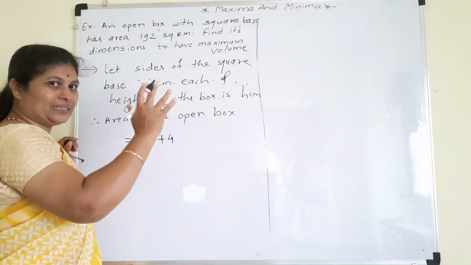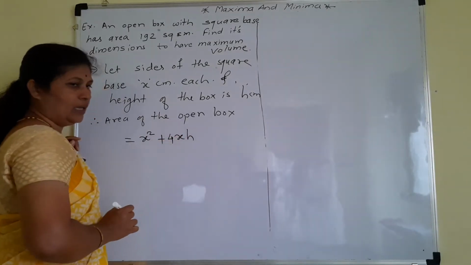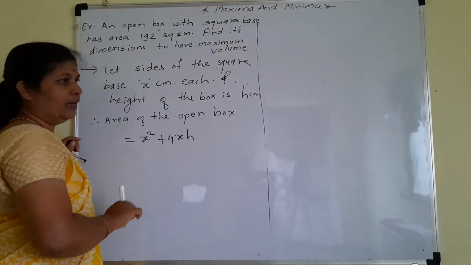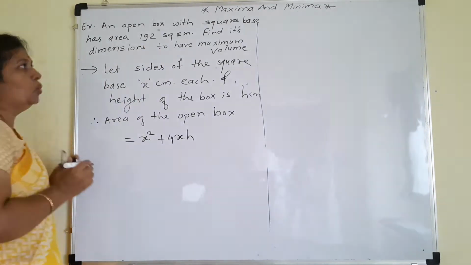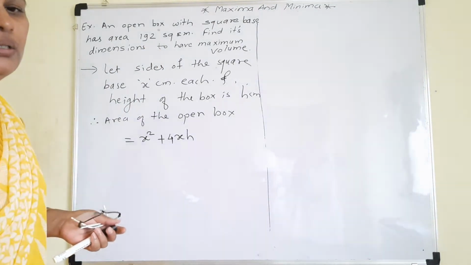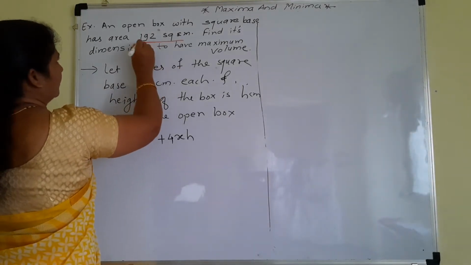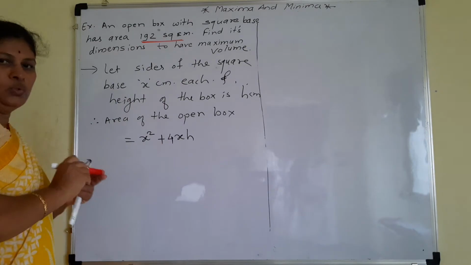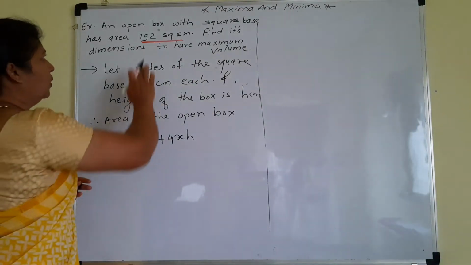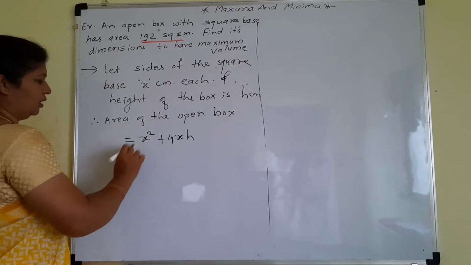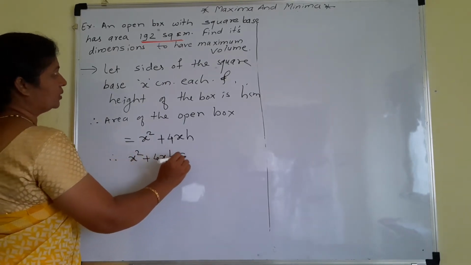So area of that surface, length into breadth, is x into h. This is the total area, and it is given. How much is it? It is 192 square centimeter. This area is already given to us. So this area is equal to 192 square centimeter.